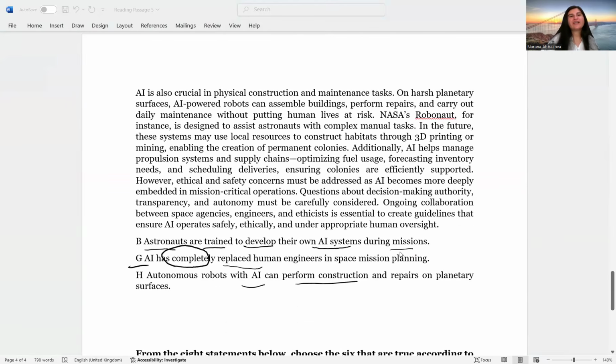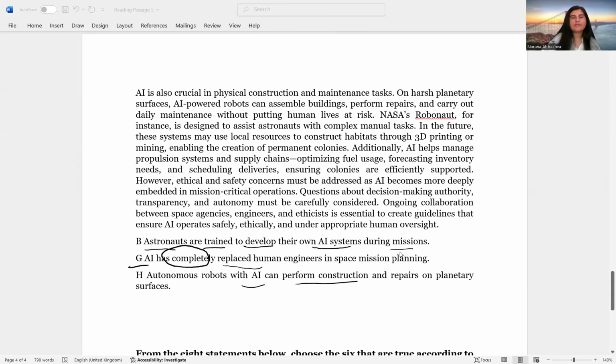Okay, let's continue. AI is also crucial in the physical construction and maintenance tasks. On harsh planetary surfaces, AI-powered robots can assemble buildings, perform repairs, and carry out daily maintenance without putting human lives at risk. NASA's Robonaut, for instance, is designed to assist astronauts with complex manual tasks.